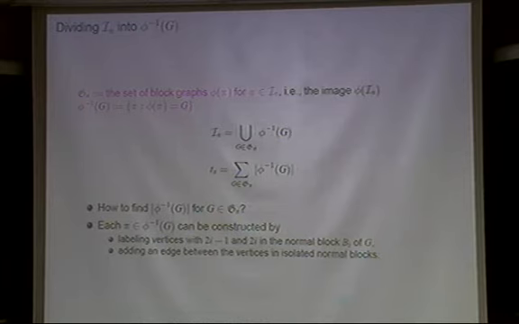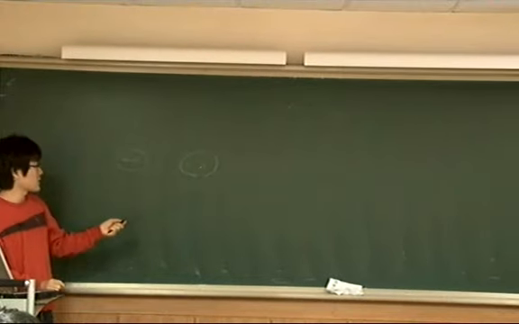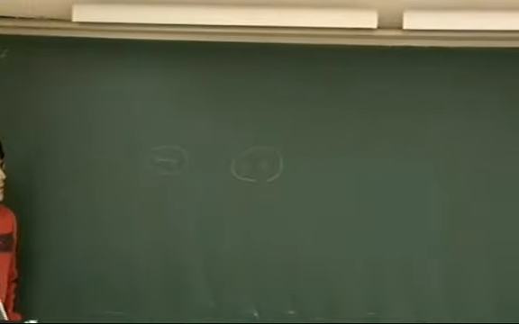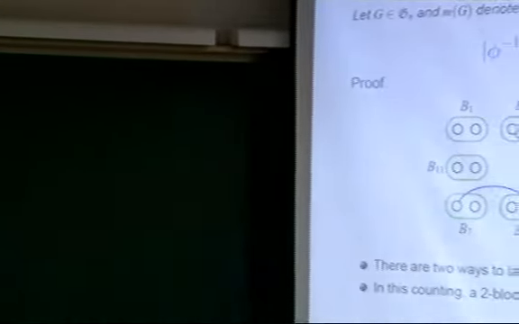This is an isolated normal block. If you remember, we removed an edge if there was an edge here. So from the first step, the involution may have an edge or not. So we can add an edge or not. So the lemma is that the size of this set is given by this number.